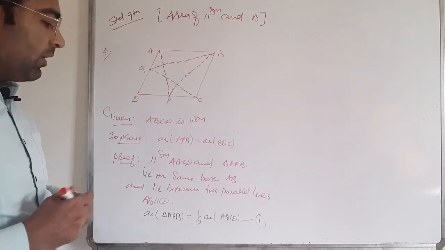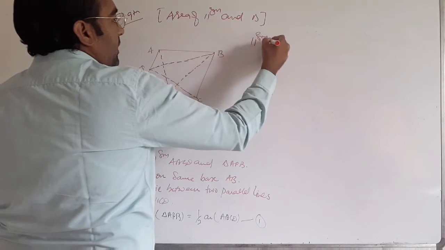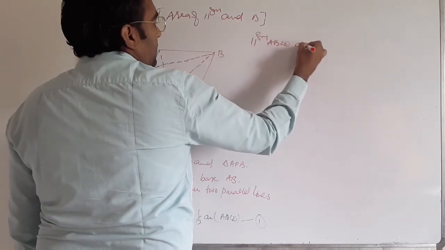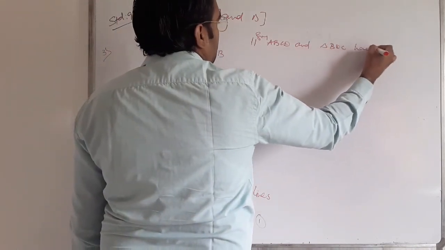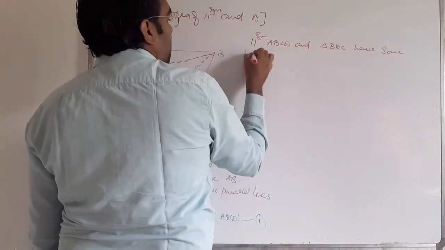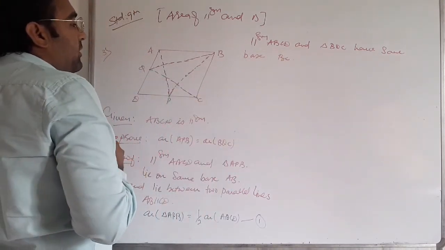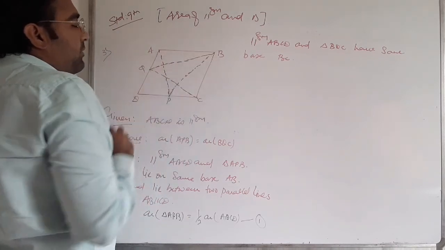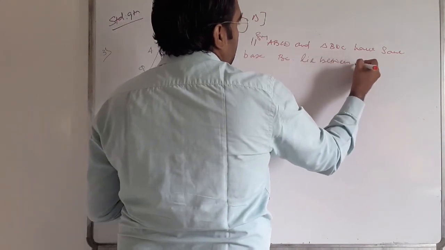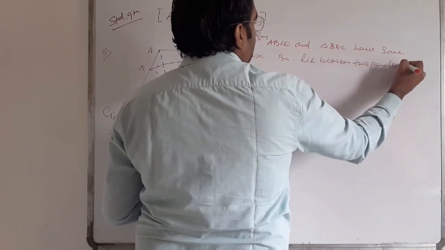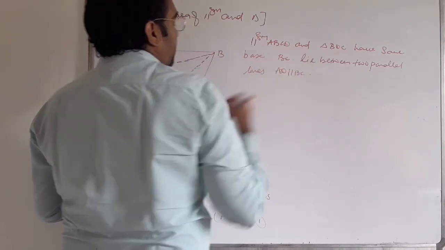Okay, now parallelogram ABCD and triangle BQC have the same base BC, and lie between two parallel lines, AD parallel to BC.